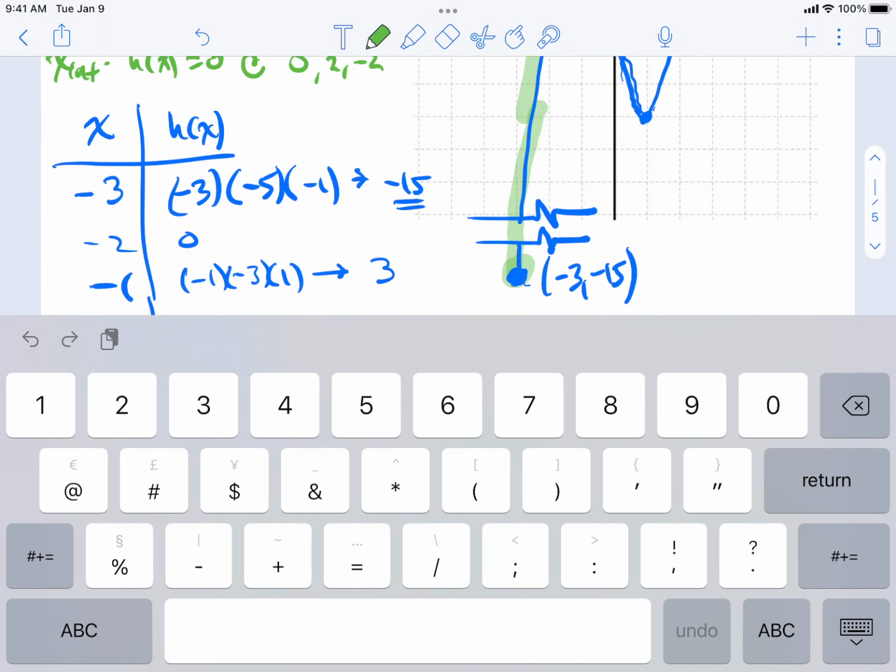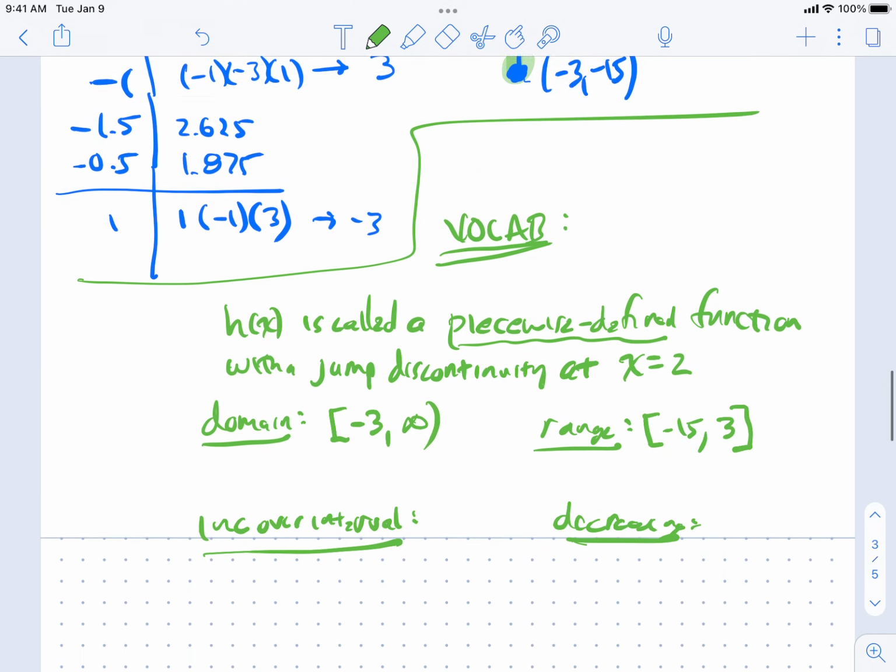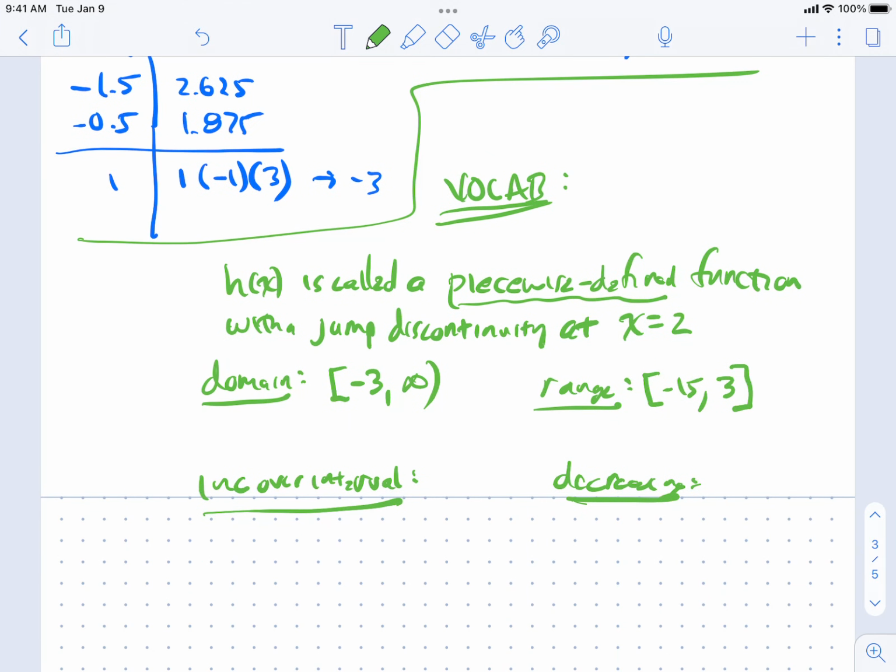One value isn't really an interval, but it is a value. So you just use your standard curly brackets. And then to say that both of these pieces belong in the range, we usually use a union symbol, which joins those together. So the range includes all values between negative 15 and 3, including negative 15 and 3, and the value 5.